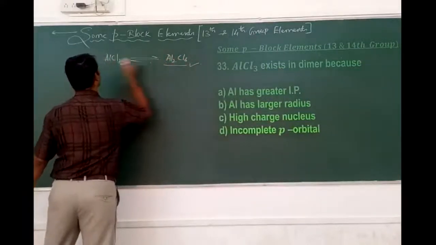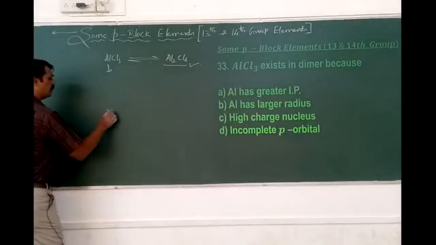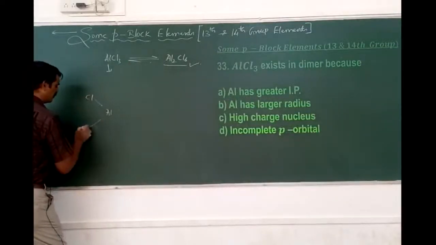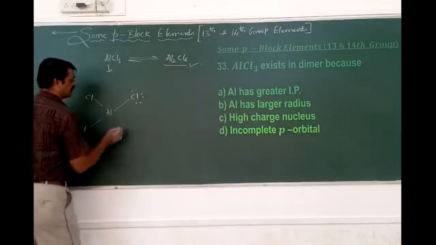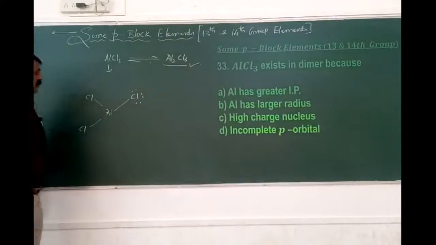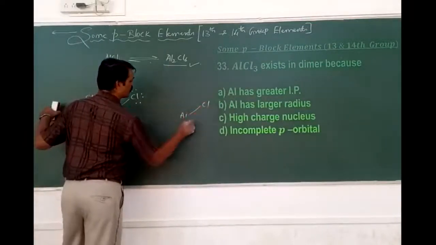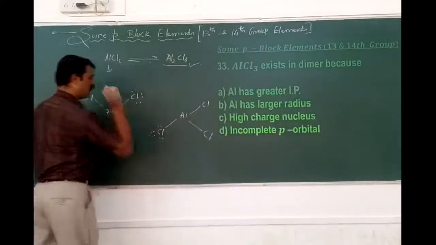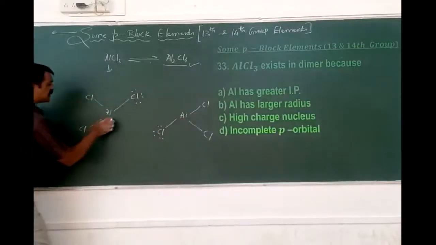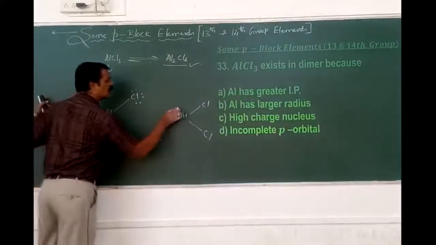This is most stable and AlCl3 is less stable. Why? Let us count 1, 2, 3, 4, 5, 6. So here there is a shortage of electrons, and this aluminium is electron deficient. This is electron deficient. This is also electron deficient.